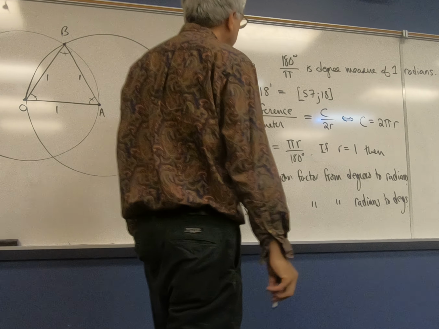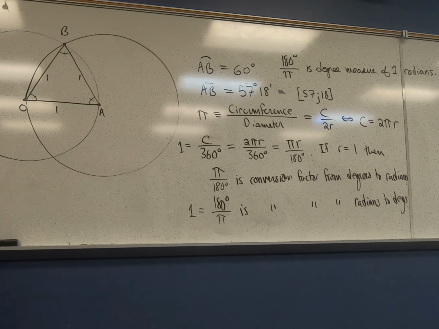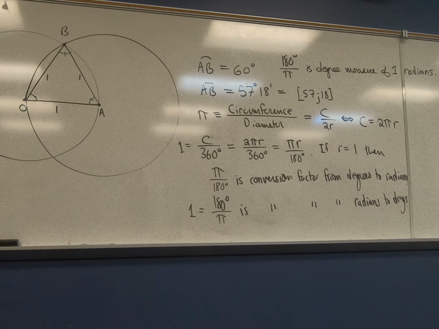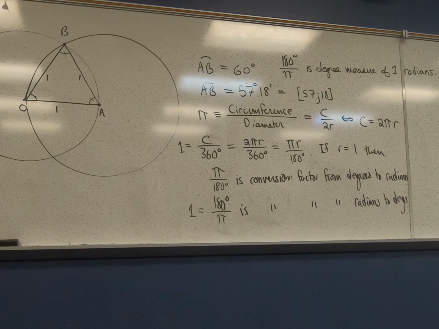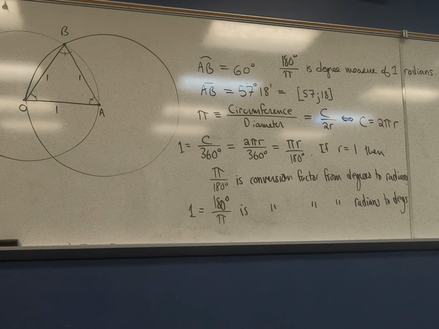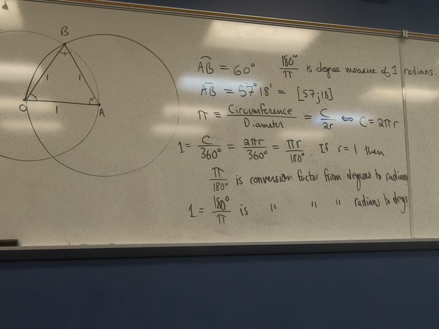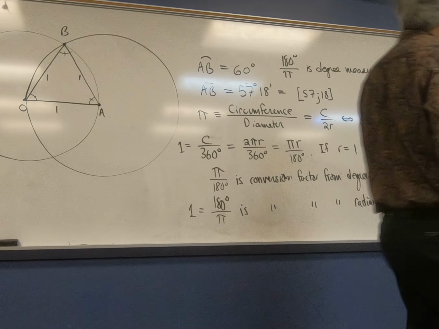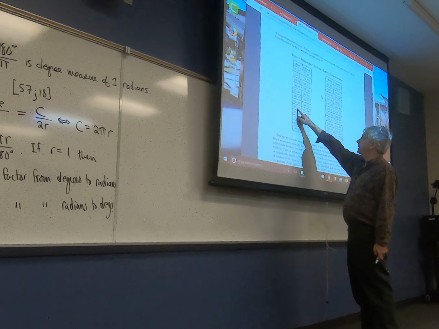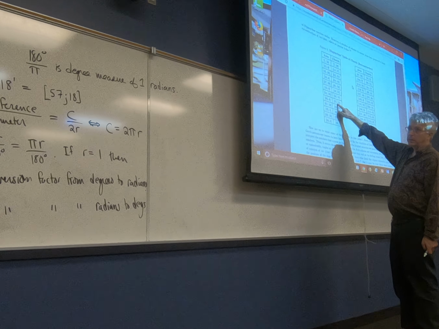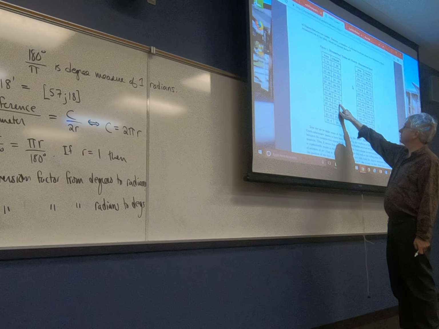Or in Ptolemy's table, it's a little bit different, right? So shall we go look at Ptolemy's table? So if you have an arc of 60 degrees, the chord measure of that arc is 57 degrees in 18 minutes.